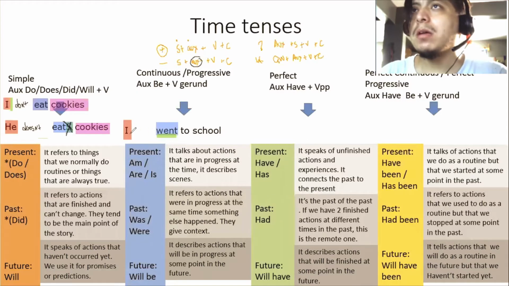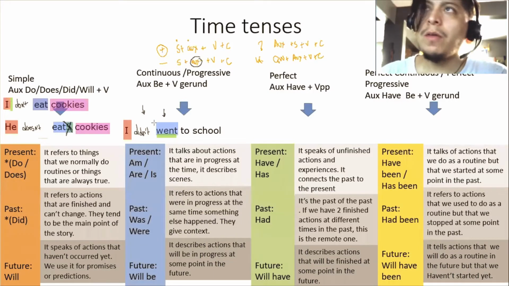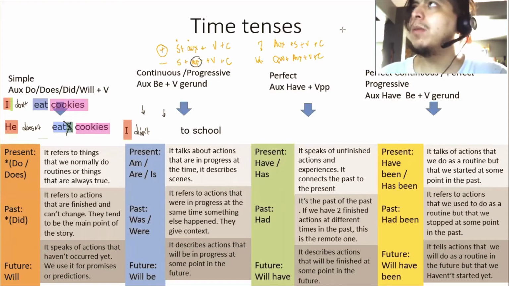What happened here? I need the auxiliary because the auxiliary is going to take the negative, didn't. But I have the auxiliary showing past and I have the verb showing past. So this is unnecessary. This is kind of weird. The verb doesn't have to be in the past anymore. The verb now can be in normal form, go.